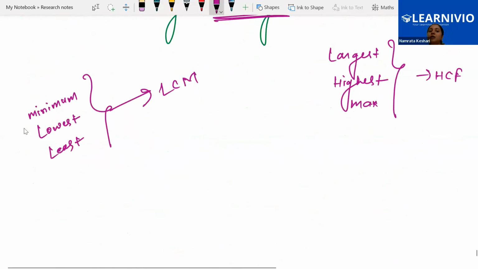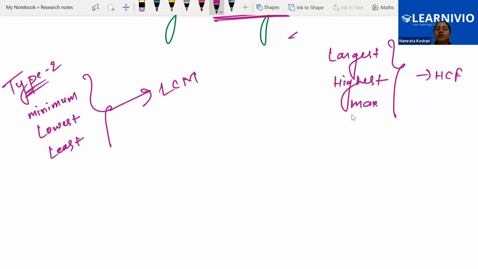Another type of problem: in the question, words like minimum, or maybe lowest, or maybe least will be there. So we don't have to do anything, we just have to find the LCM of the given numbers. This is type 2.